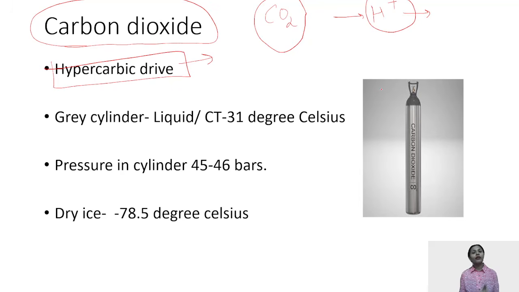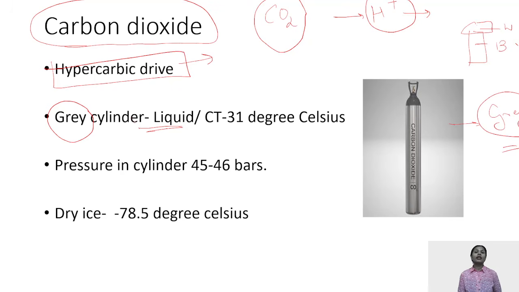CO2 is generally found in the liquid form. It has a gray colored cylinder. Oxygen has a black cylinder with white shoulders, whereas carbon dioxide has a gray cylinder.